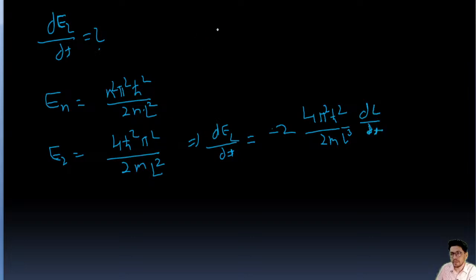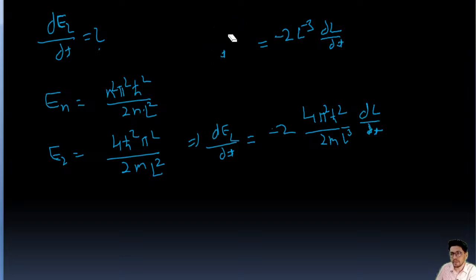What we have done is d upon dt of L to the power minus 2, which is minus 2 into L to the power minus 3 into dl upon dt, and the rest is constant. This is L cube, it will go there.